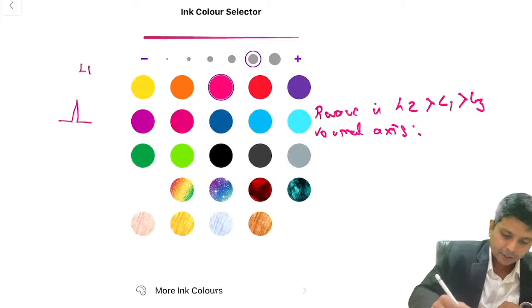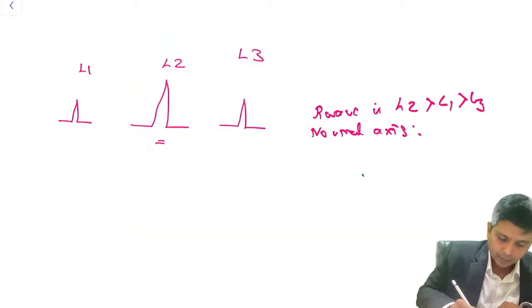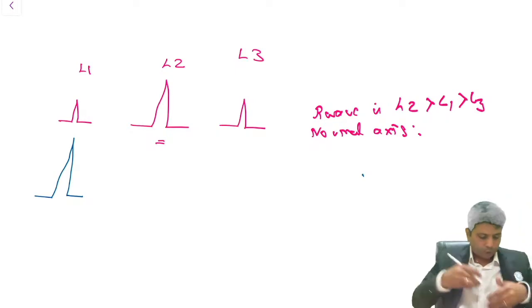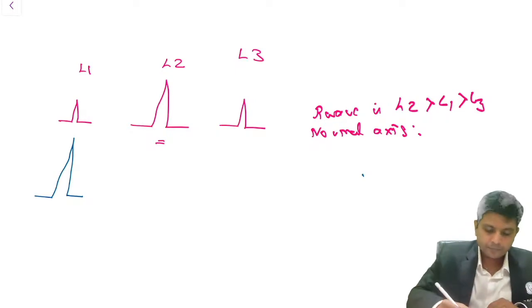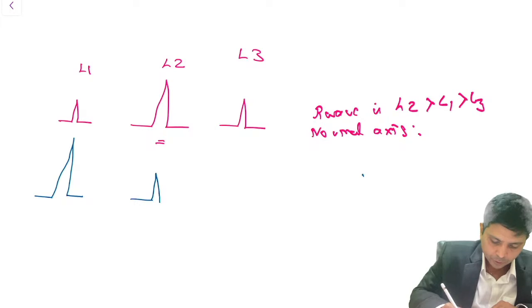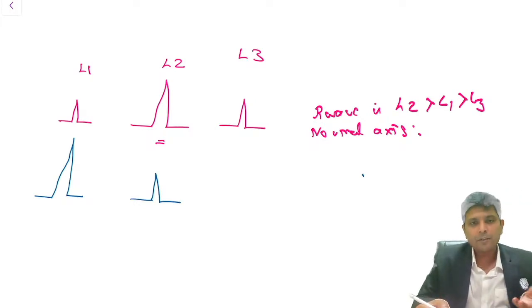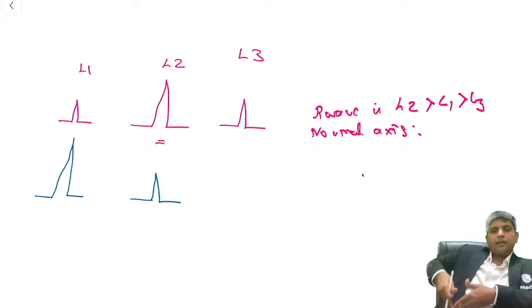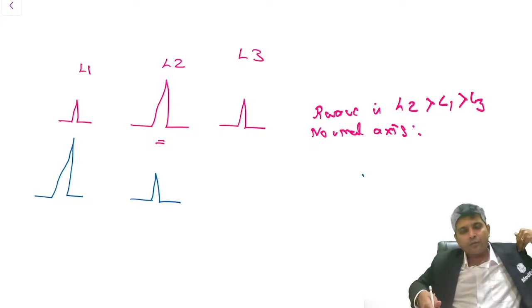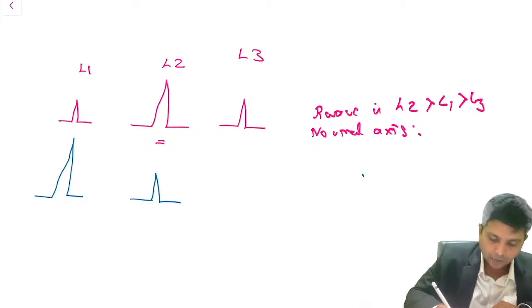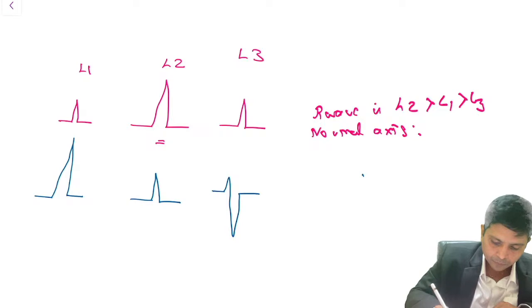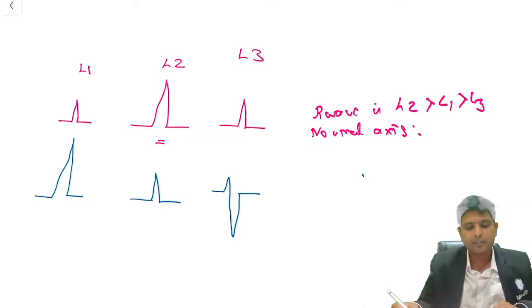So what happens now? Lead 1 will be tall, lead 2 is a little bit away from the flow of current, so lead 2 is small. But what happens to lead 3? Lead 3 is here, but current is moving away in this direction, so you will have a negative wave, otherwise known as S wave.